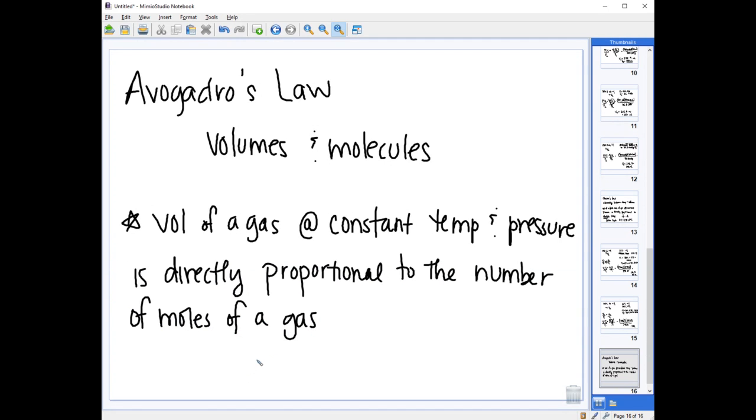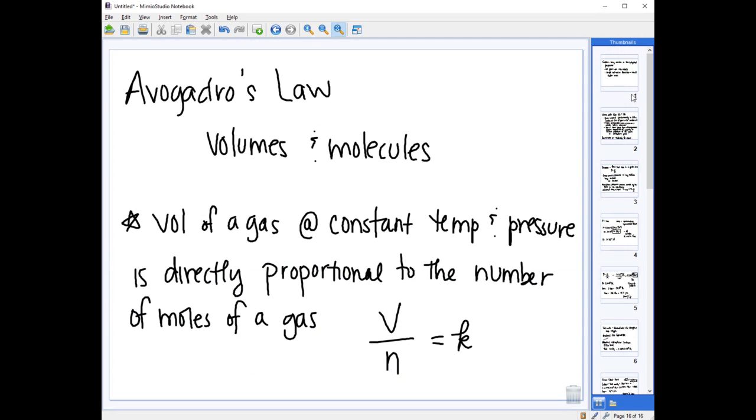Okay, so volume divided by N, where N represents the number of moles, equals that little constant that we've been using. So basically, if we have the volume of a gas divided by the number of moles of the gas, we're going to get some number, which allows us, again, to get an equation.